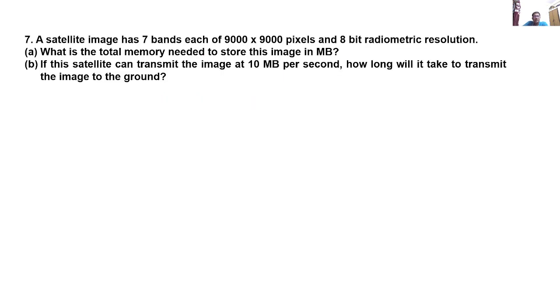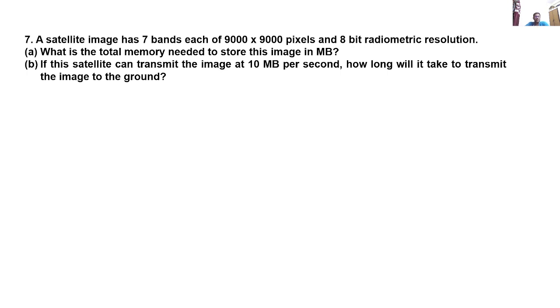Let's solve another such question, but this question would have different bands also. A satellite image has 7 bands, each of 9000 by 9000 pixels, and 8-bit radiometric resolution. What is A, the total memory needed to store this image in megabytes? And B, if this satellite can transmit the image at 10 megabytes per second, how long will it take to transmit the image to the ground?